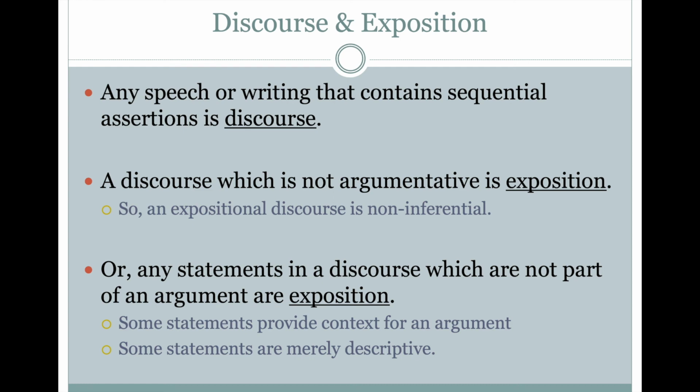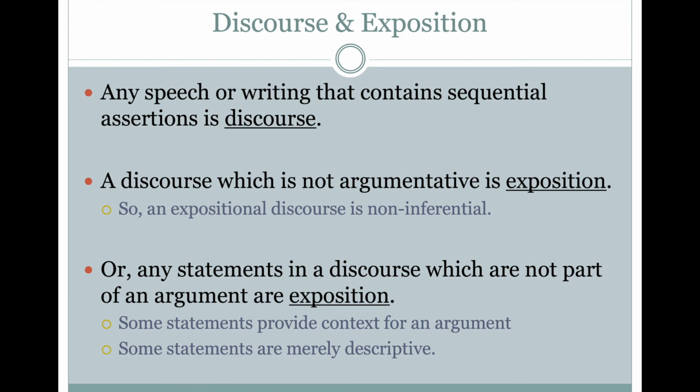So later on in the semester, we'll be doing some diagramming of arguments. And one of the things you'll need to do there is to think about and identify all of the different parts of the argument and show the structure of the relationship between the assertions, especially the relationship between the evidence and the claims. But there may be parts of the discourse that are not part of the argument. And those other parts that are non-argumentative or non-inferential, we would refer to as the exposition.